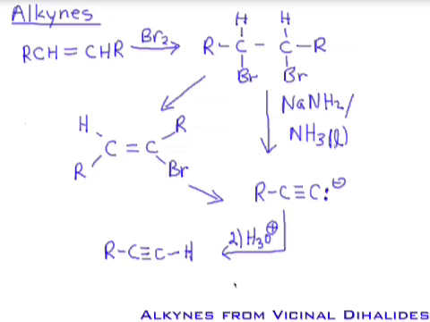Also, acid is used to destroy any residual amounts of amide, remove the ammonia from the solution. So after you get your product extracted out and the ammonia evaporates, H3O+ helps hydrolyze out any base. So the overall reaction is one sodium amide.